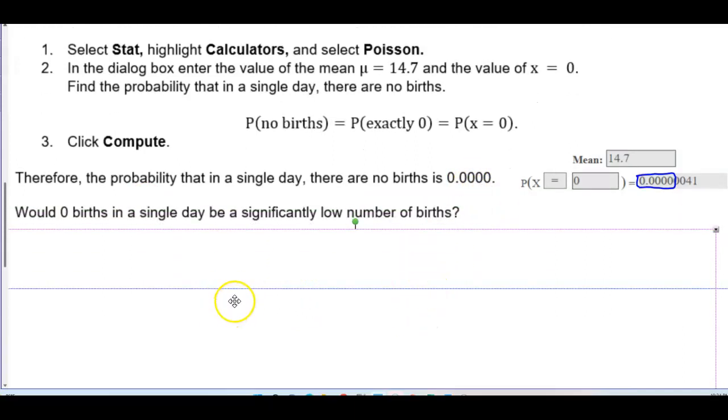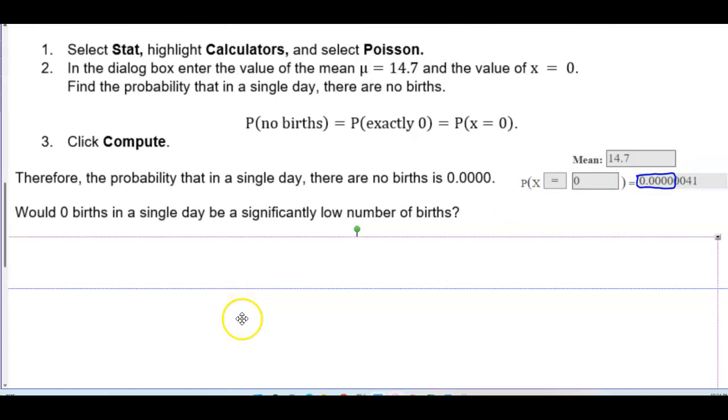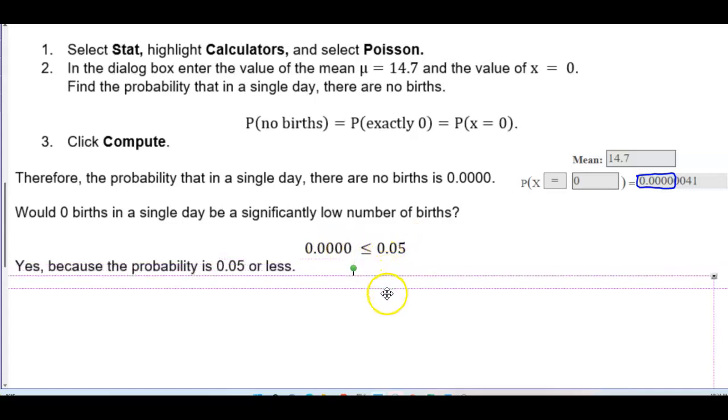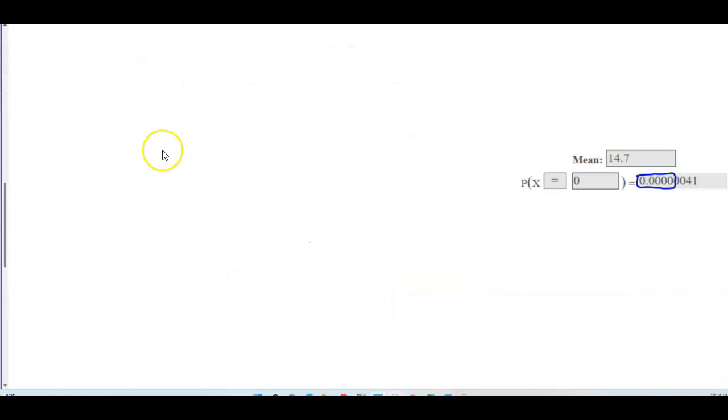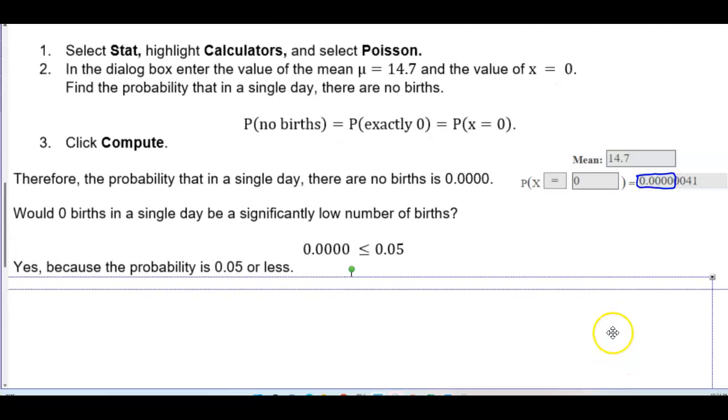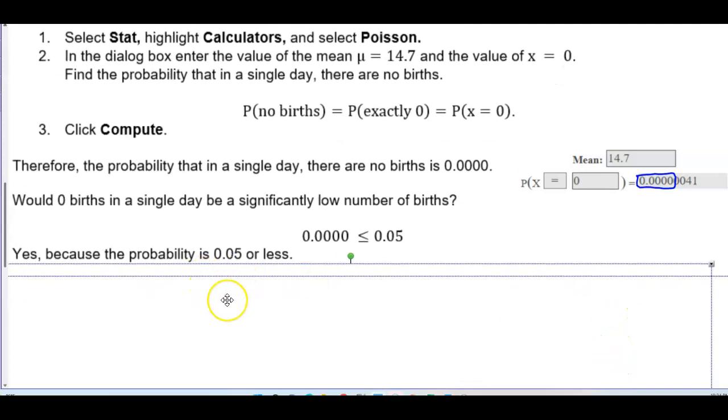Now, would 0 births in a single day be a significantly low number of births? We have to compare that to 0.05, and 0.0000 is less than 0.05, so we would say yes. That is because the probability is 0.05 or less.